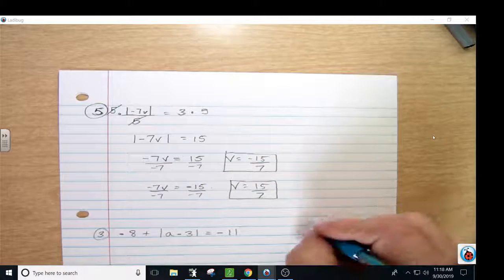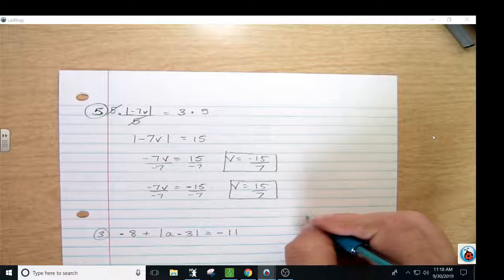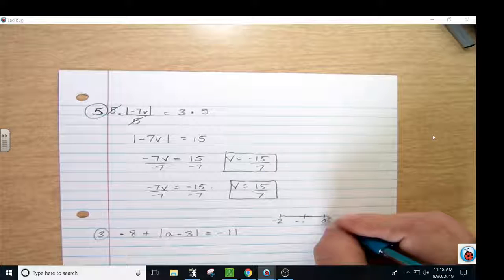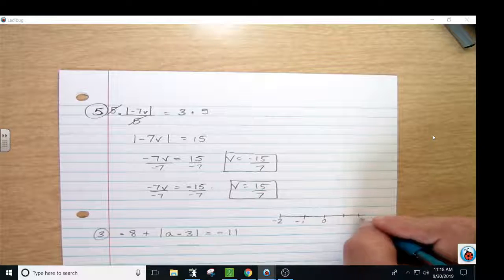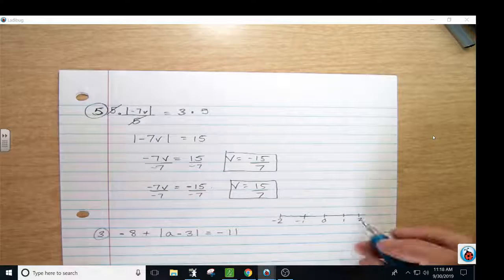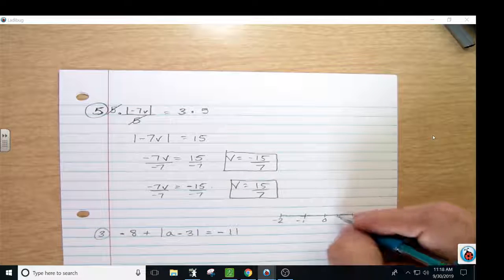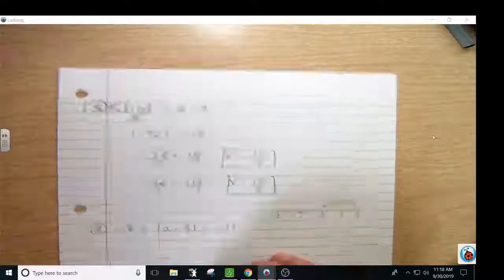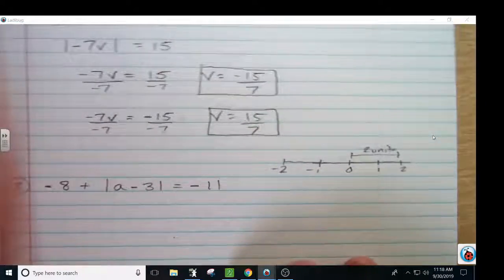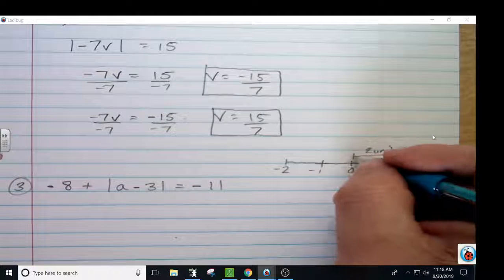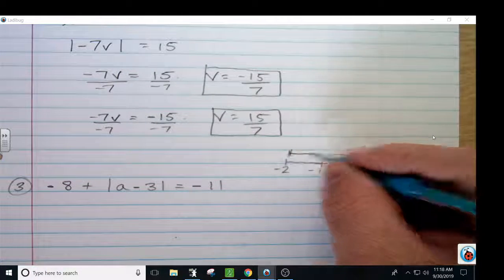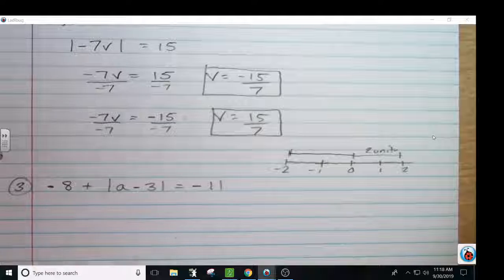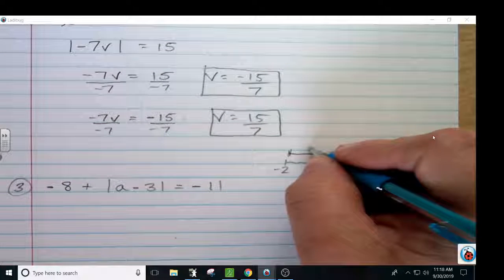As a little side note, how far is 2 from 0? 2 units. Now, how many units from 0 is negative 2? Remember, it's the distance from 0. Can you have a negative distance? That is also 2 units.